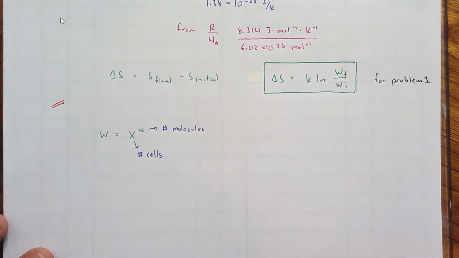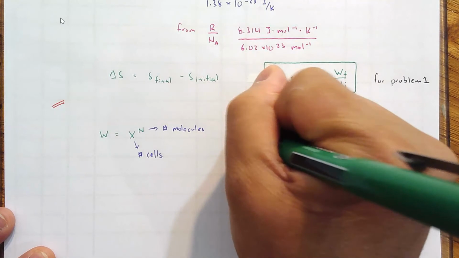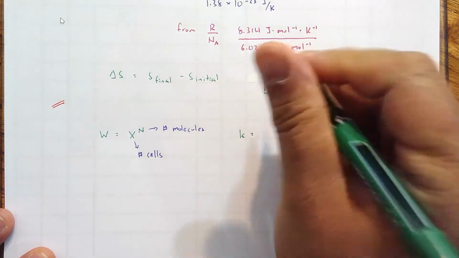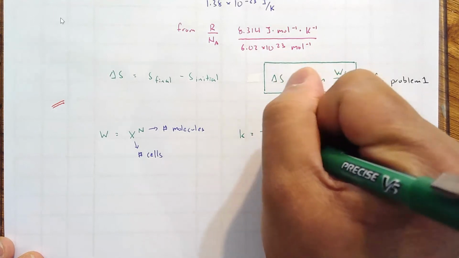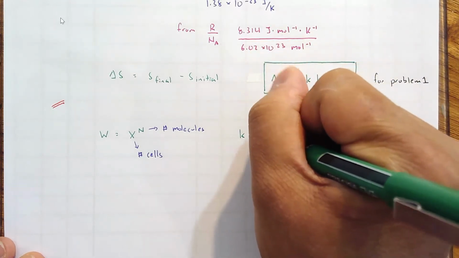We're also going to use the fact that the Boltzmann constant came from the gas constant divided by Avogadro's number.